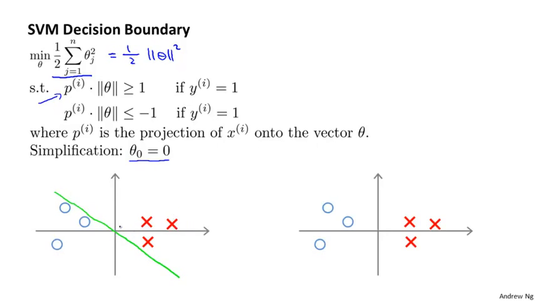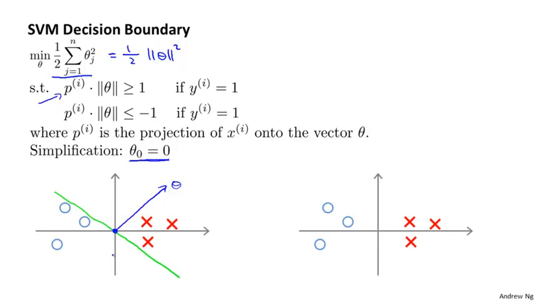For this choice of parameters, it's possible to show that the parameter vector theta is actually at 90 degrees to the decision boundary. And so that green decision boundary corresponds to a parameter vector theta that points in that direction. And by the way, the simplification that theta 0 equals 0 just means that the decision boundary has to pass through the origin (0, 0) over there.